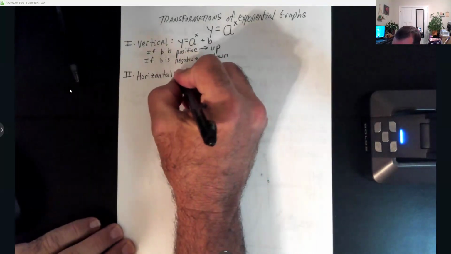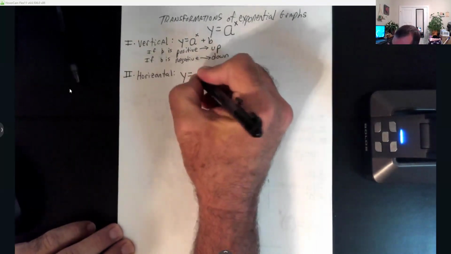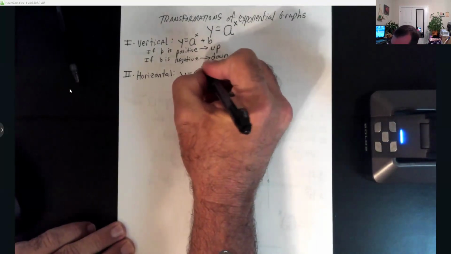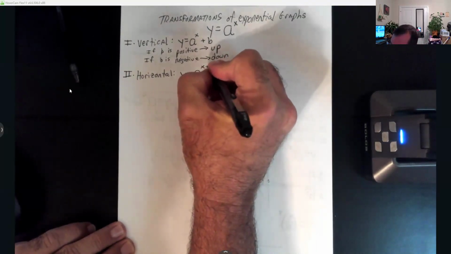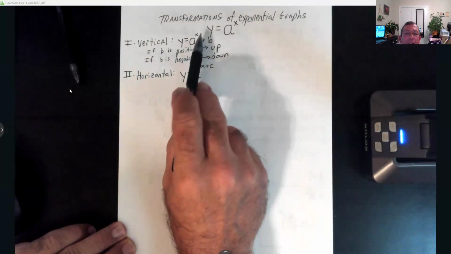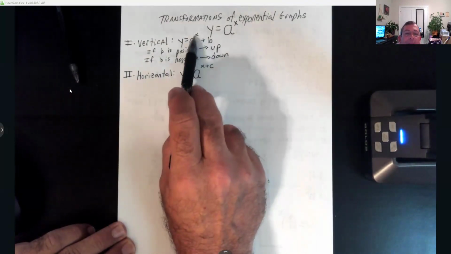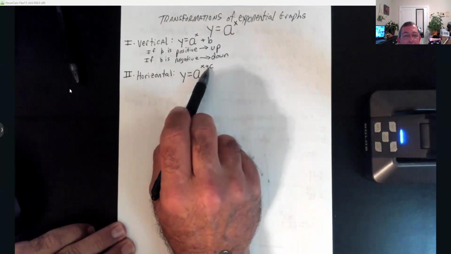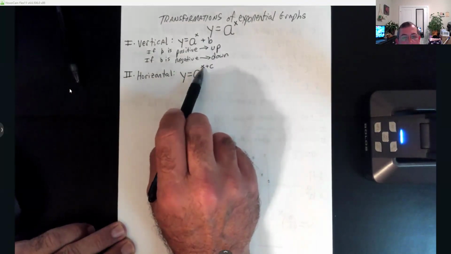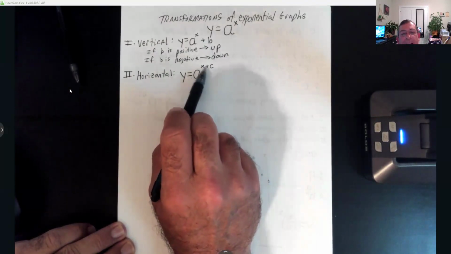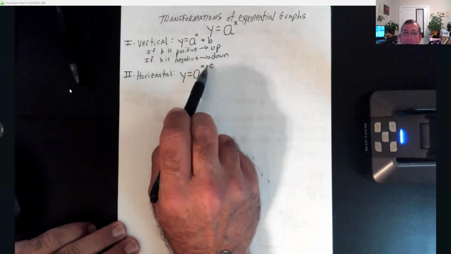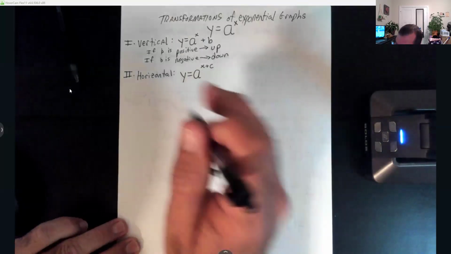So if I have y equals a to the x plus c. Notice, I didn't add the number at the end of my function. I actually added the number to the exponent. So we're still attacking that exponent, okay? This is going to go left or right.